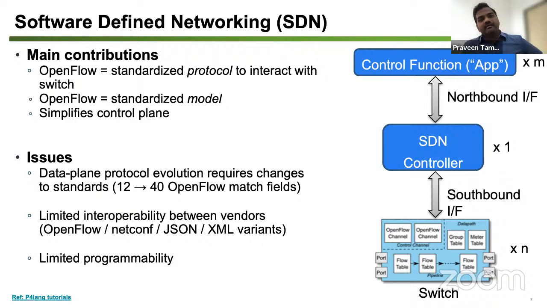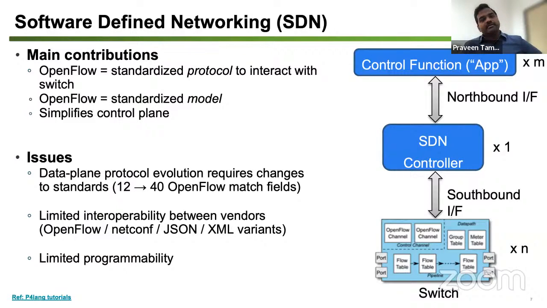And finally, when OpenFlow was initially designed, there was a fixed set of match fields and a fixed set of actions being considered. But in the recent past, it has been shown that even to make any change to the fixed function ASIC, let's say I want to recognize new packet header fields or add a new action, it would take years, because it has to go through a standardization process followed by ASIC development.